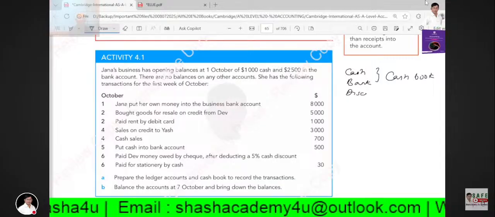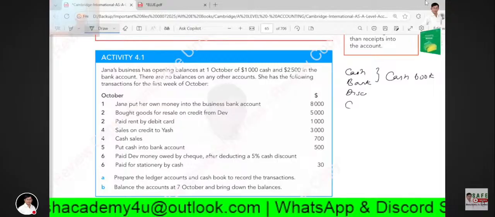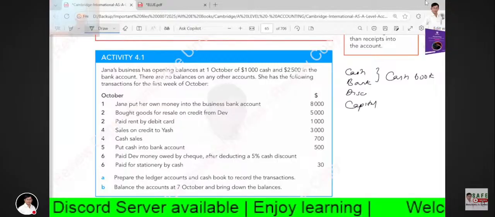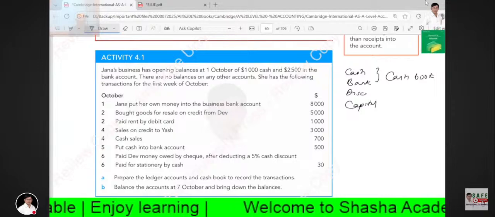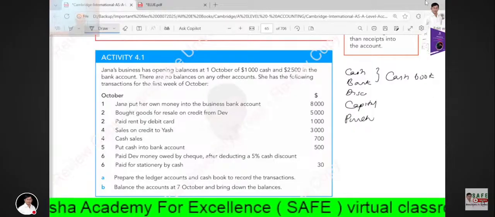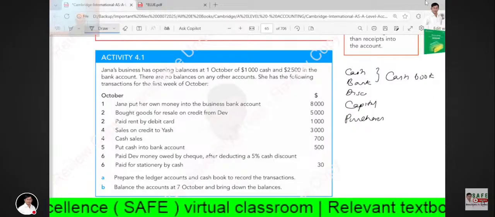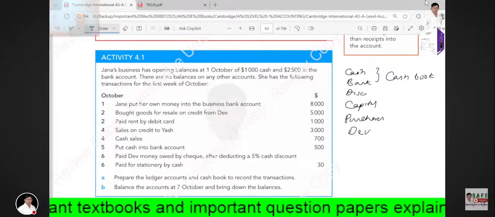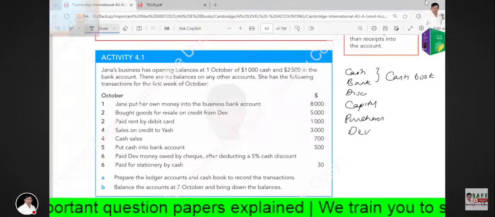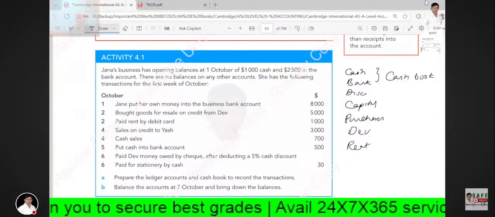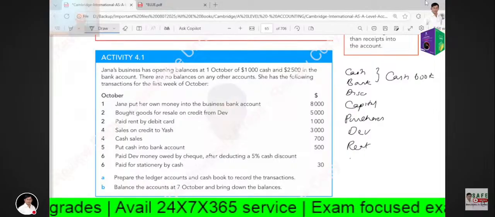Jana put her own money into the business bank account: capital. Bought goods for resale on credit from Dev: purchases and Dev. Paid rent by debit card: rent account. Sales on credit to Yash: sales and Yash.